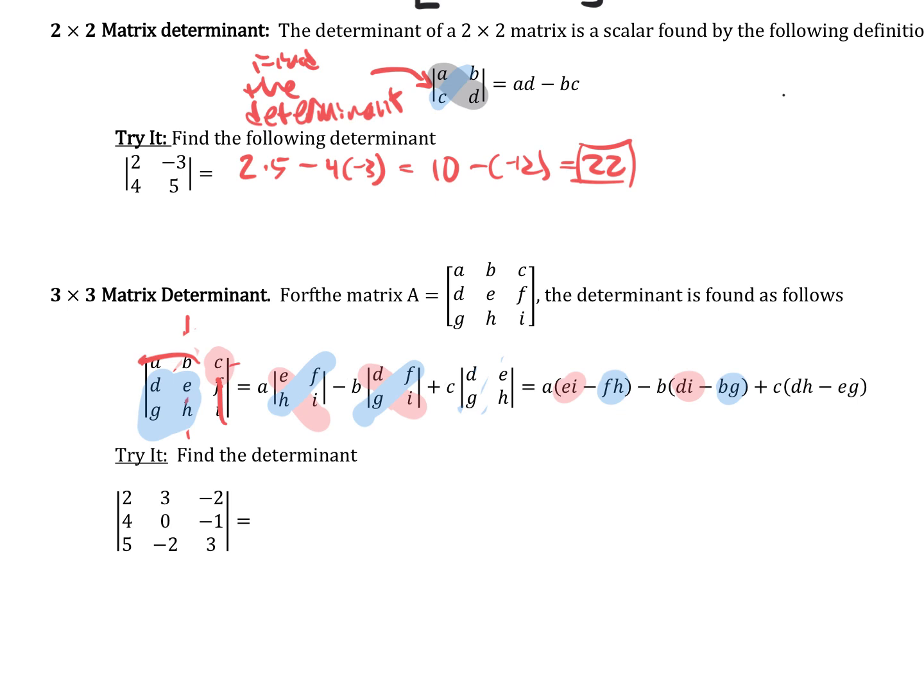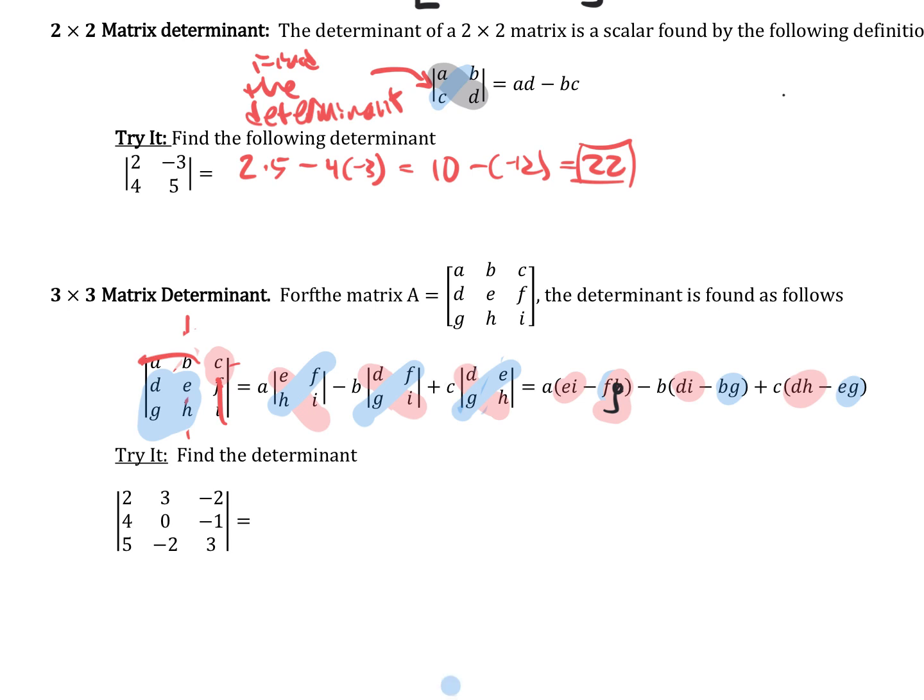Oh, that's a typo there, isn't that, huh? So that should be DI times GF. Let's fix that typo. Should be FG. And then we have DH minus GE, or EG. Okay? And there we have it.